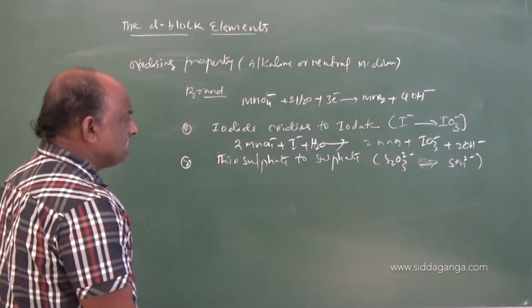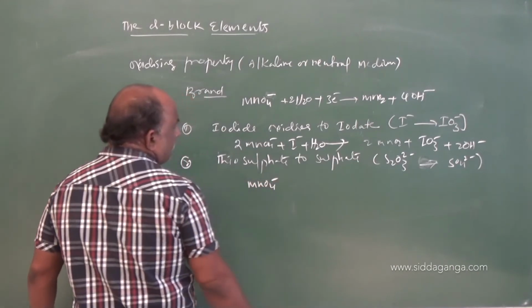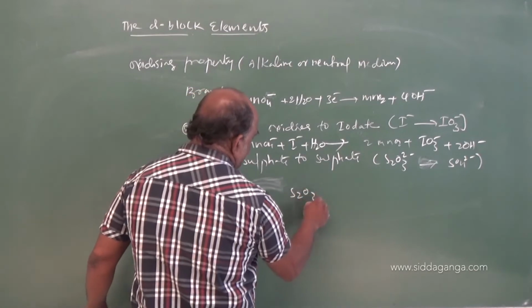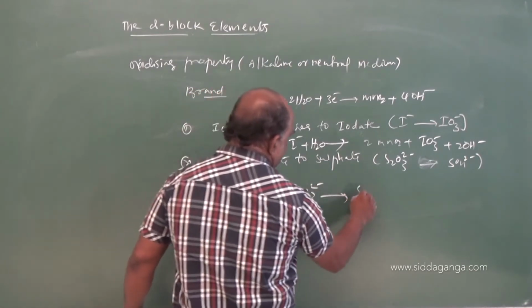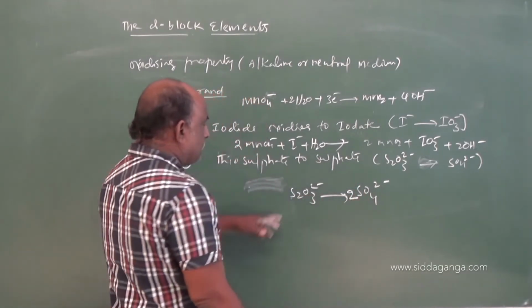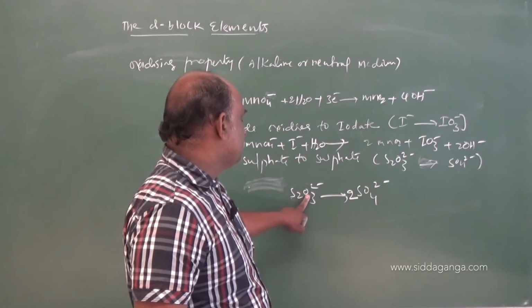So, what will be the balanced equation here? Before that, S2O3 2 minus gives rise to SO4 2 minus. Balance sulfur first: 2. Balance 2 oxygens: 2 fours are 8, but here only 3 oxygens are there.